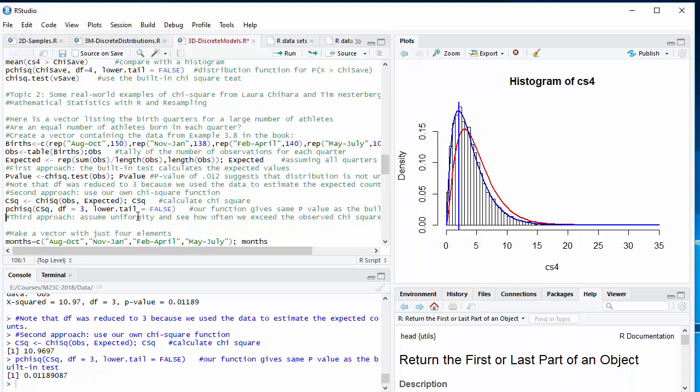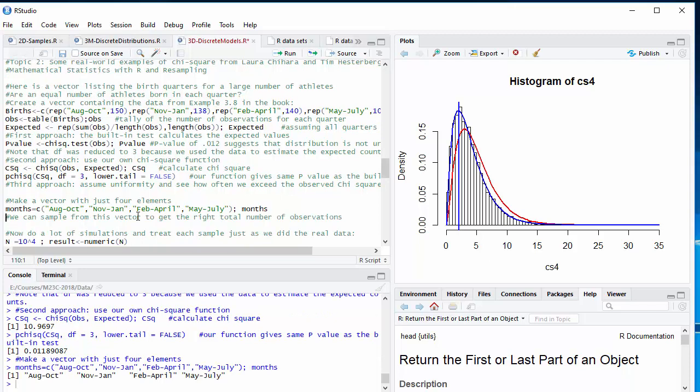The third approach is we can do a simulation.